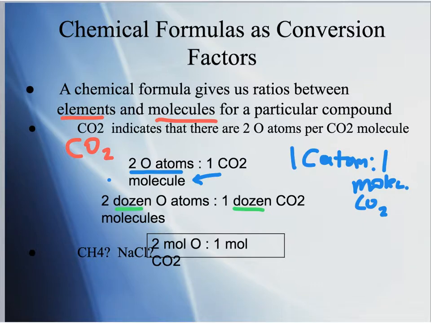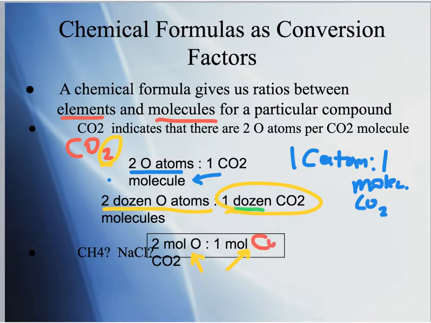Another way to say that is in 1 dozen CO2 molecules, we have 2 dozen oxygen atoms, and that's because we have that 2 representing how many atoms of oxygen are in that particular compound. So the ratio is a 2-to-1 ratio, 2 moles of oxygen per every 1 mole of CO2.